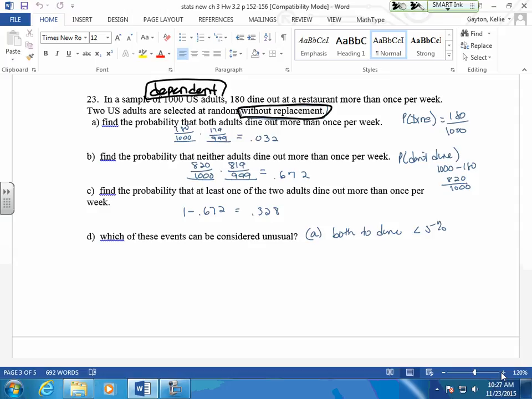Find the probability that both. So adult 1, adult 2. So the first one, 180 dine out more than once a week out of 1,000. I keep that person. Now I have 179 left out of 999. And I multiply those. That's my dependent.